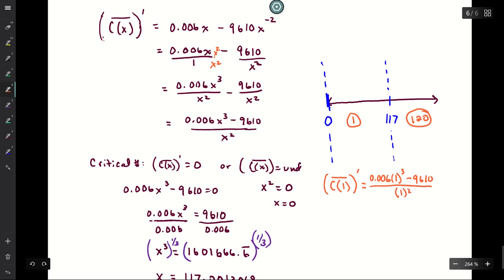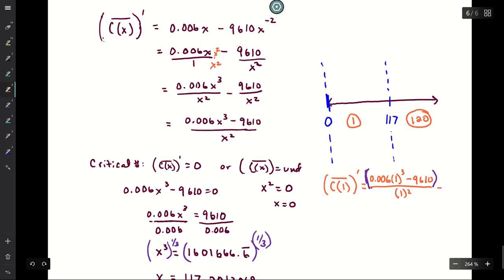Type that in your calculator. The only thing you care about is the sign. Now, when you type this in your calculator, if you do the whole process together, make sure to put parentheses around the numerator so that piece is done properly as far as order of operations. Doing this, you get a negative result.